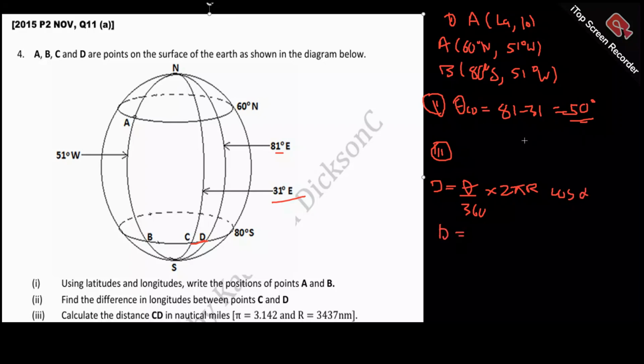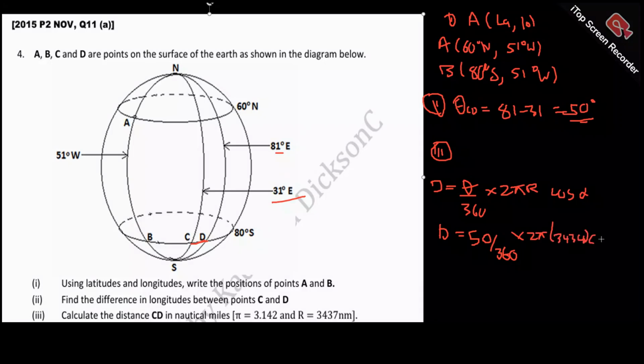So the difference, the one that we found, is 50, over 360 multiplied by 2 pi. What is the radius we've been given in nautical miles?